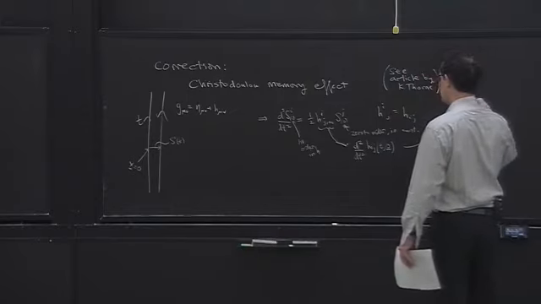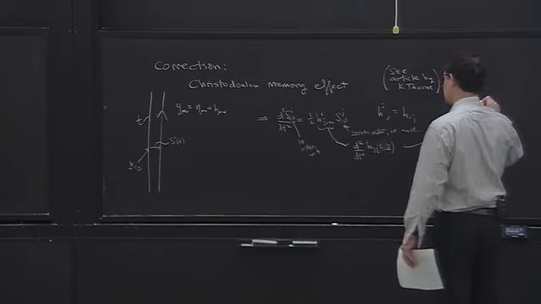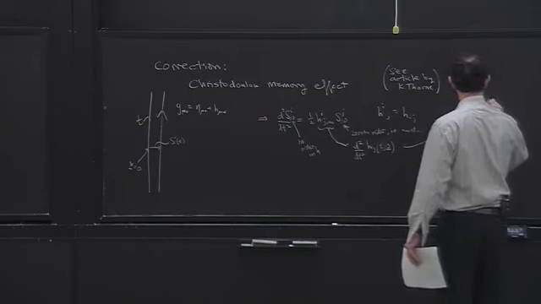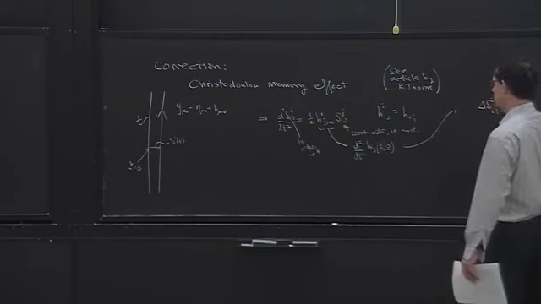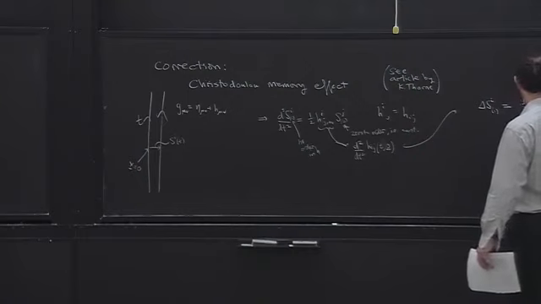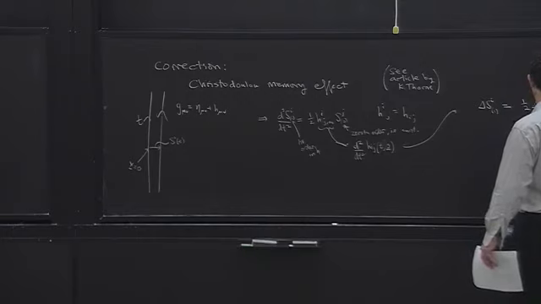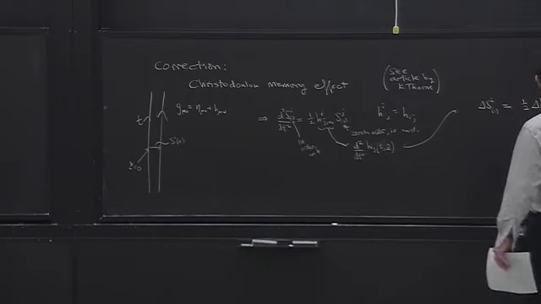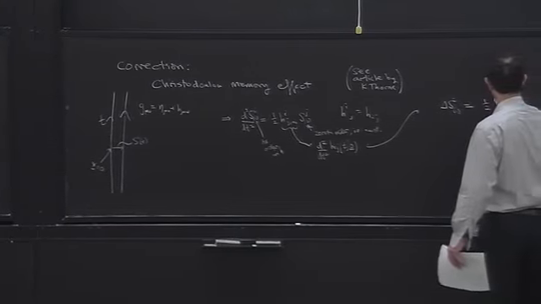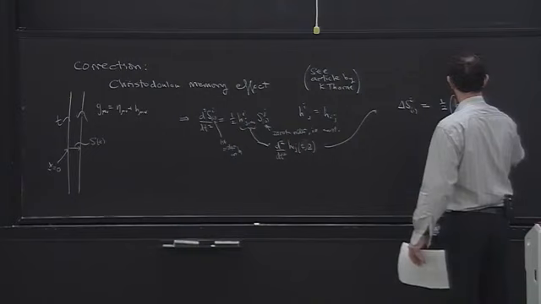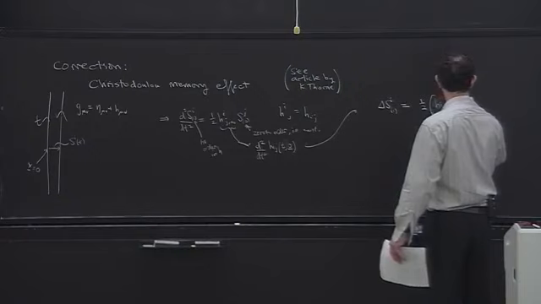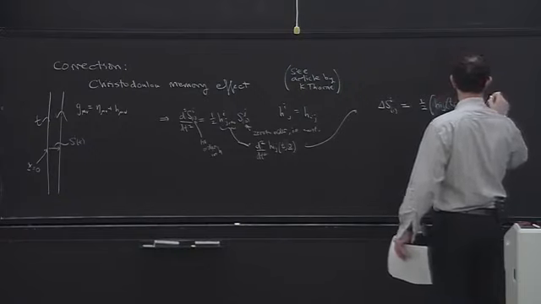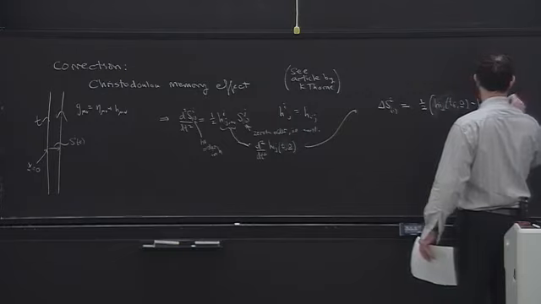Integrating it twice, you will get that the change of s^i_1 is equal to 1/2 the change in h_ij, let's say from initial to final: h_ij(t_F, 0) minus h_ij(t_I, 0).